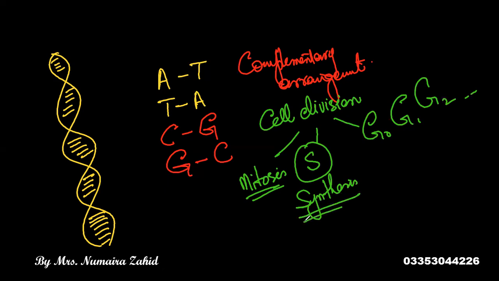The synthesis phase is a really important phase during which the DNA replicates itself inside the nucleus of a cell. So DNA is able to make its exact copy, and this occurs before cell division.